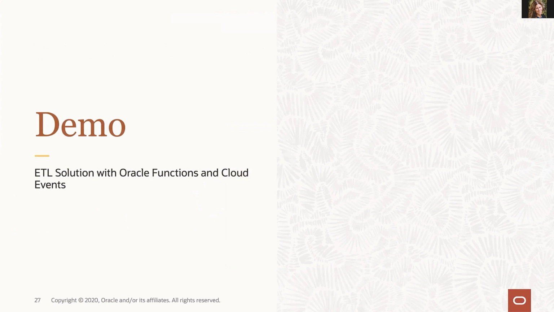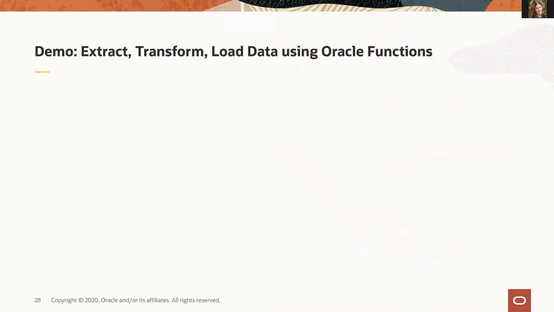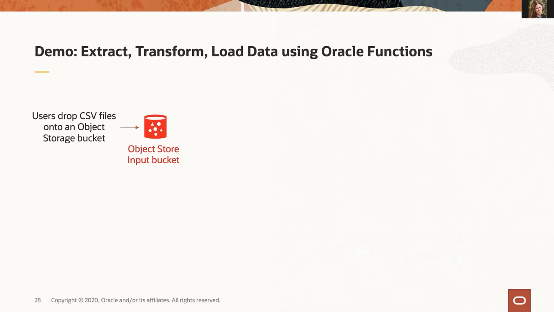Okay, I have two demos that I want to show you today. The first one is the implementation of an ETL pipeline with Oracle Functions and events. So let's imagine that you have multiple databases in your company, and all the users of those databases export data in the form of CSV files, and those files are dropped onto an object storage bucket.